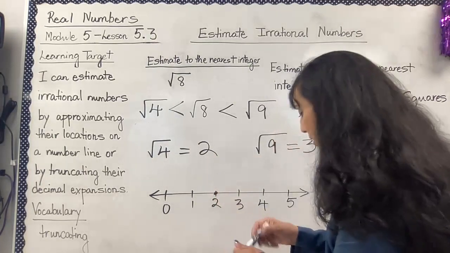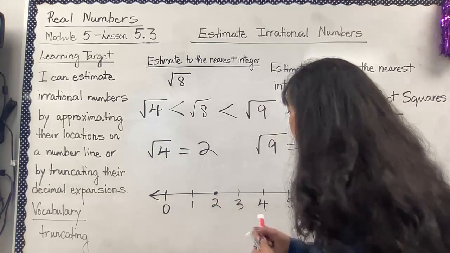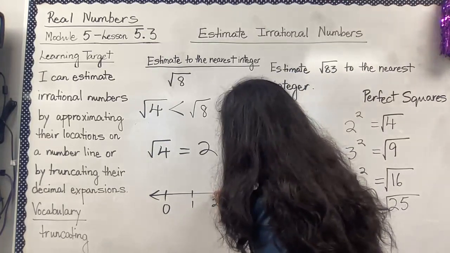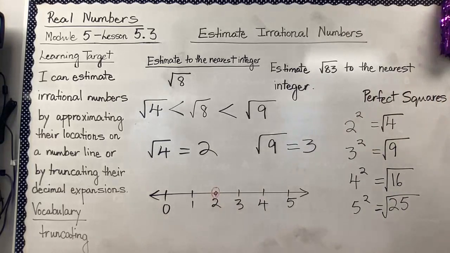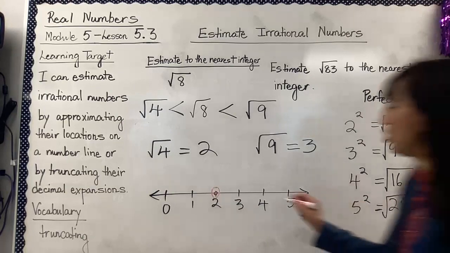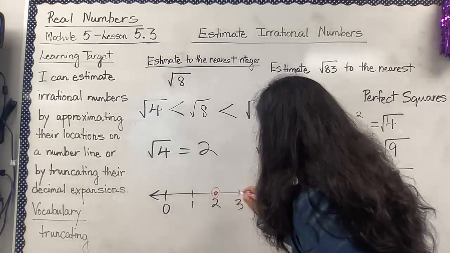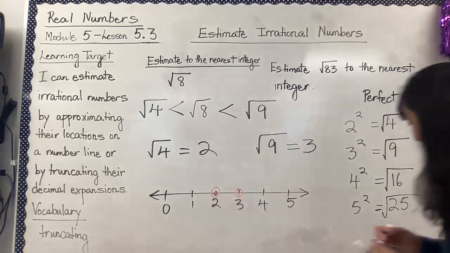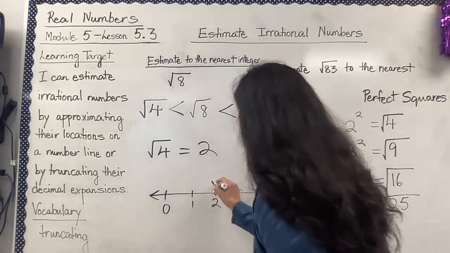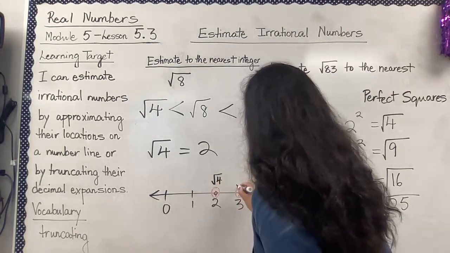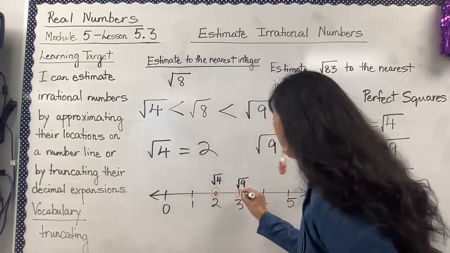So this is my square root of 4 over here. And then I have the square root of 9, which is 3. Right? So this is my square root of 4. This is my square root of 9.